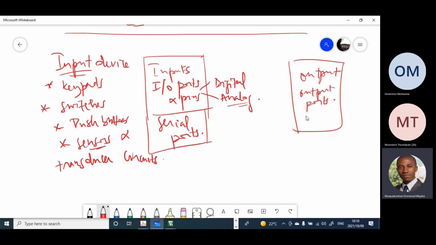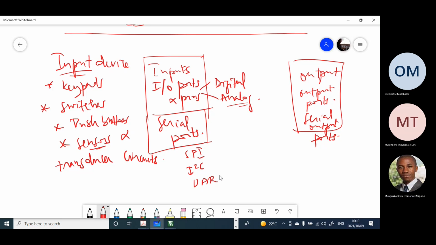We also have serial output ports, whether for I2C, SPI, or UART type of protocols.